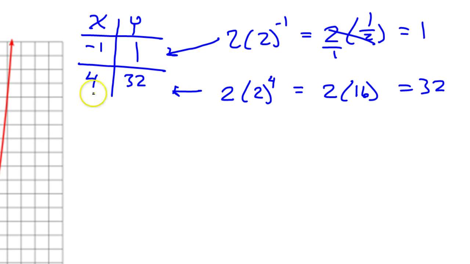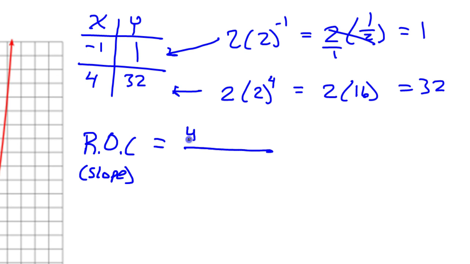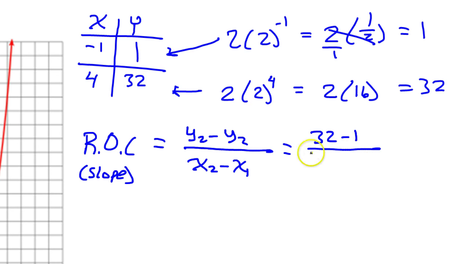Now the rate of change, the ROC, that's just the slope between these 2 points. So the slope, of course, is y minus y over x minus x. So y minus y, that's 32 minus 1.